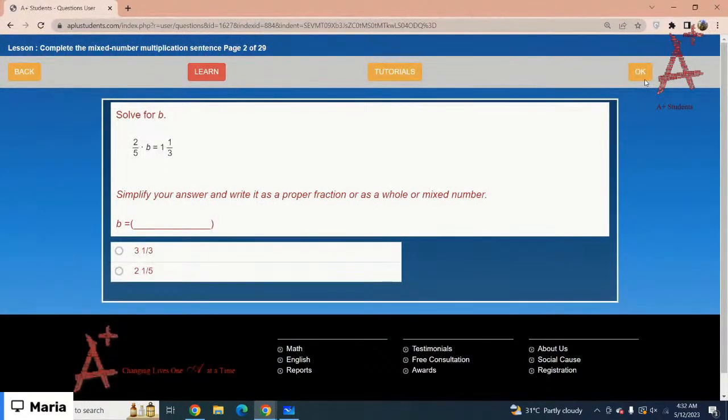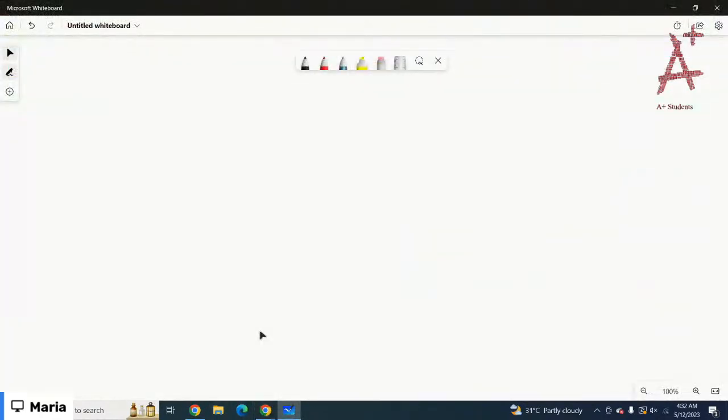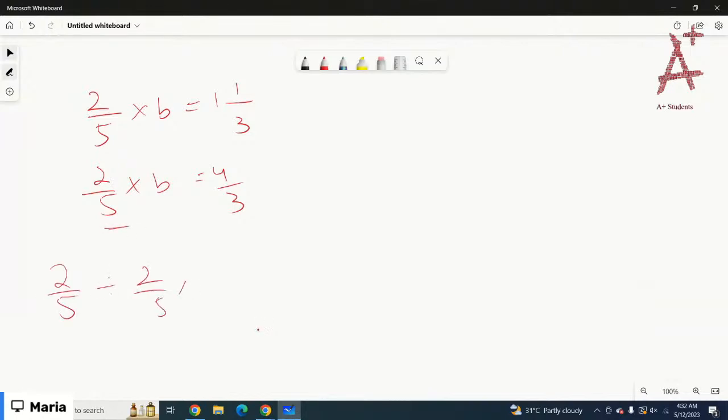Okay, the next one is 2 by 5 times b equals 1 whole 1 over 3. It would be 2 over 5 times b. 3 times 1 is 3 and 1, 4 over 3. So you have to divide both sides by 2 over 5. 2 by 5 divided by 2 by 5 is 1.